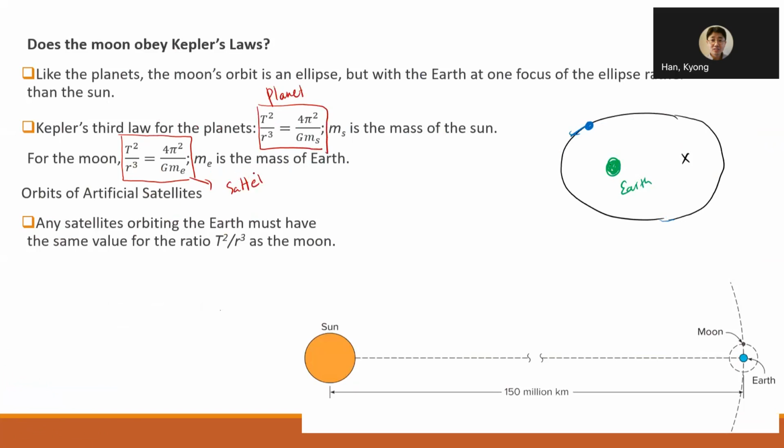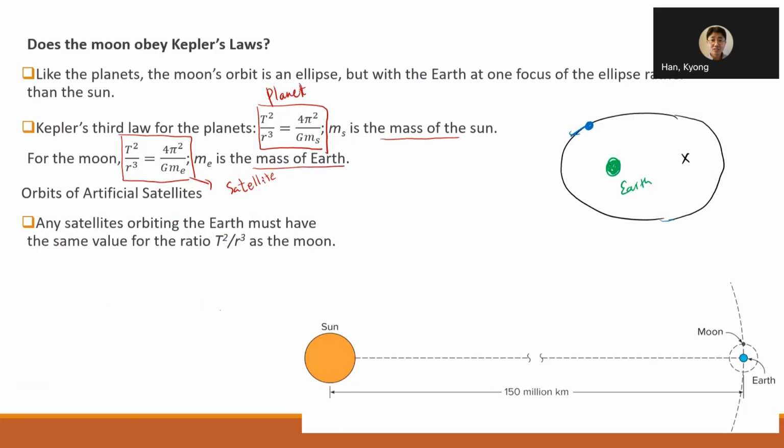If we want to determine whether a cosmic object is a satellite or a planet, we can use this formula. Here Ms is the mass of the sun, and here Me is the mass of the earth. This is for satellites.